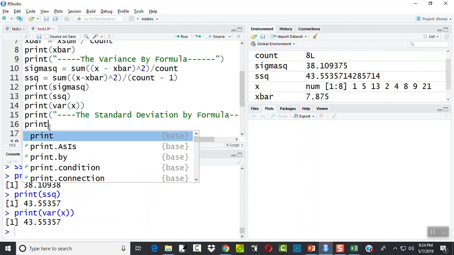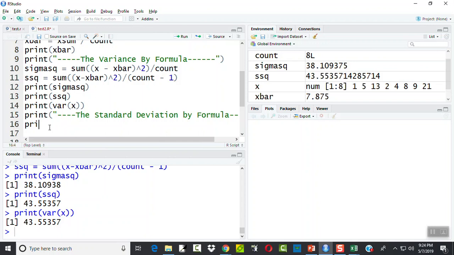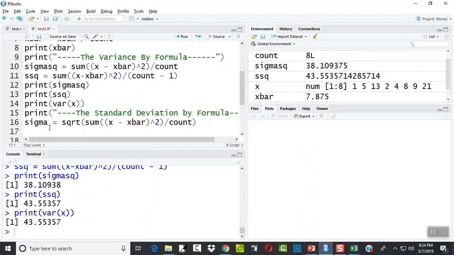Sigma is going to equal the square root of that value. Now that's going to give us sigma s. We want the same formula, except instead of count, I want to do count minus 1.